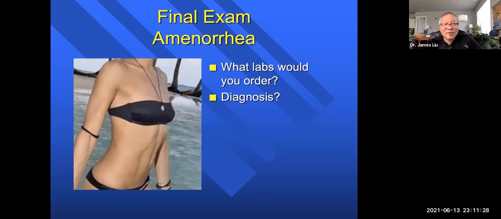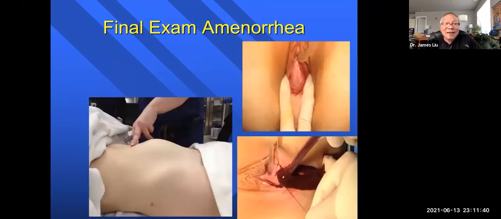Some examples of just extreme examples of individuals with hypothalamic amenorrhea due to weight restriction or exercise. In this case, it's weight restriction. That is one of the swimsuit models. And then in this individual with amenorrhea, normal secondary sex characteristics, 16 years old, coming in with amenorrhea and abdominal pain.